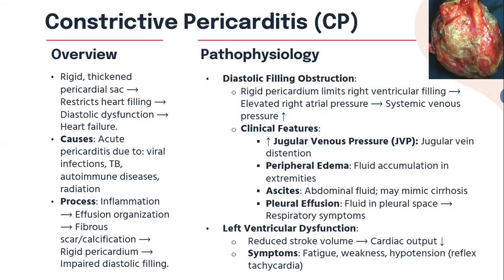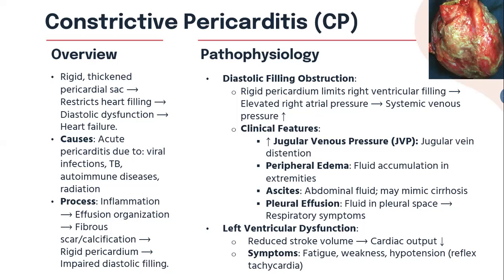After an acute inflammation process, instead of resorbing, the pericardial effusion organizes, leading to fibrous scar formation and sometimes calcification of the pericardial lid. So this now results in a rigid pericardium that encases the heart and impairs its ability to actually fill properly during diastole.